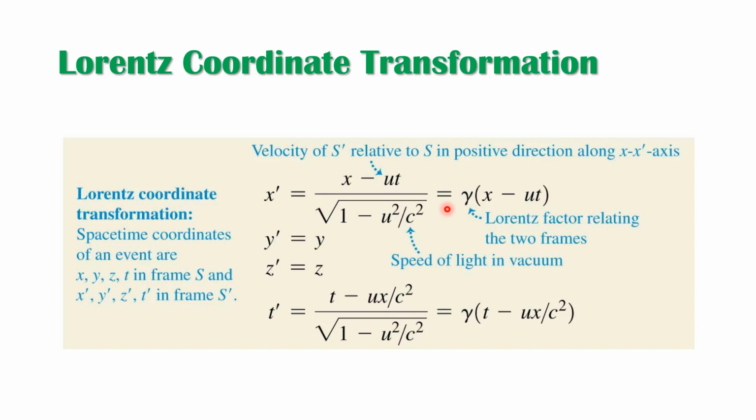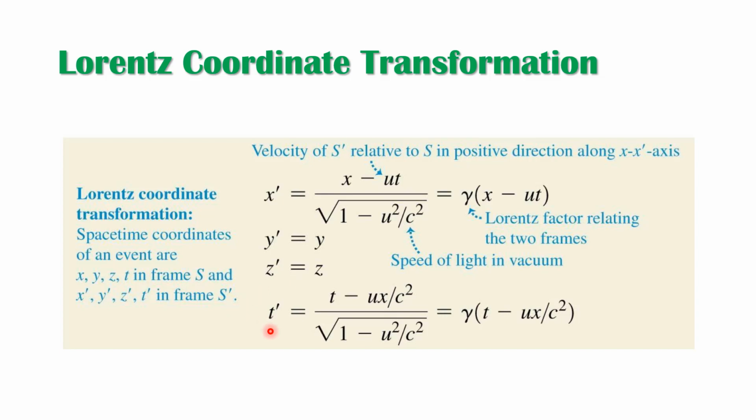So it can be written as gamma multiplied by x minus ut. While for y prime and z prime, y prime is just equal to y and z prime is equal to z, since our S prime is moving only along the x-axis.